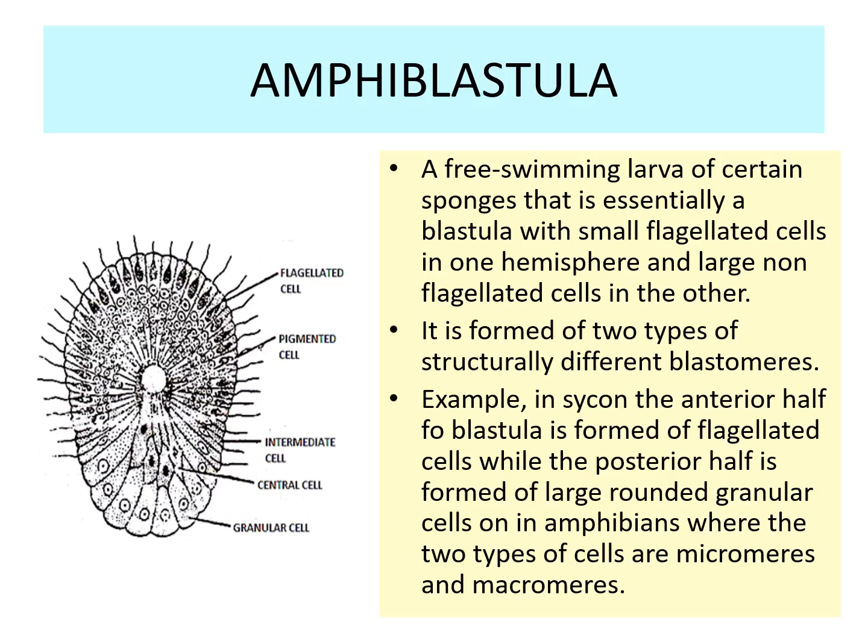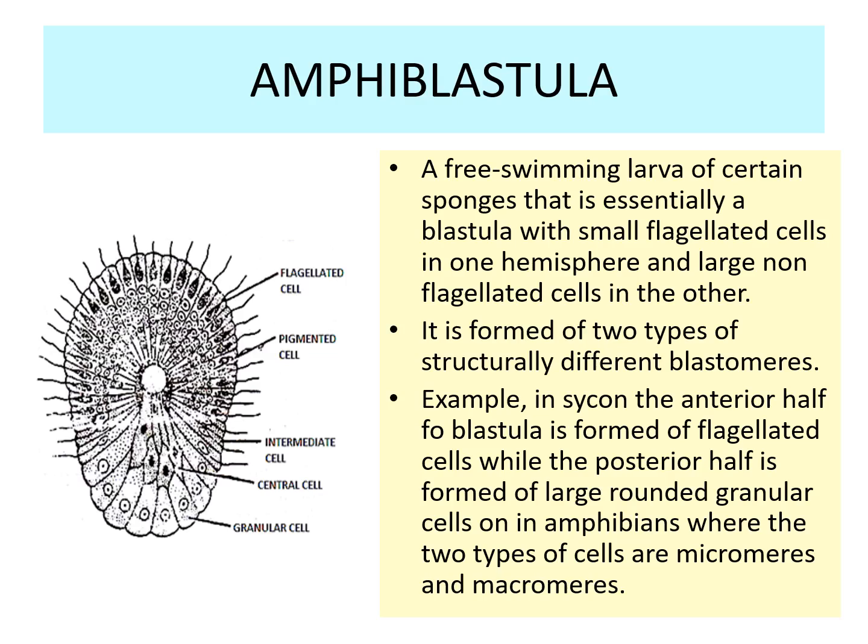The next type of blastula is amphiblastula, a free-swimming larva of certain sponges that is essentially a blastula with small flagellated cells in one hemisphere and large non-flagellated cells in the other. It is formed by two types of blastomeres: one half ciliated, the other half non-ciliated. An example is Sycon sponge.